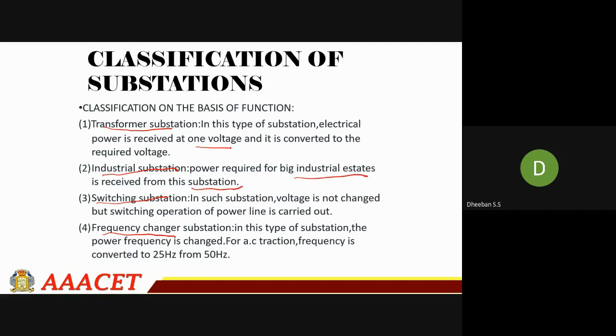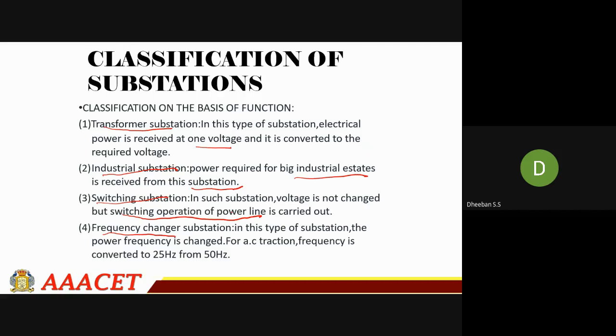Mainly the heavily loaded industries make use of the substation, and sometimes they set up a substation themselves. Switching substation: in such a substation, voltage is not changed, but the switching operation of power line is carried out. Mainly this occurs in case of changing the grid, at the voltage level grid changing duration.